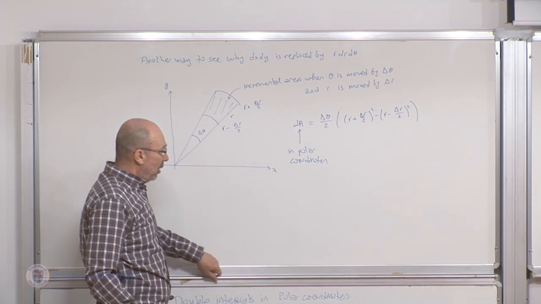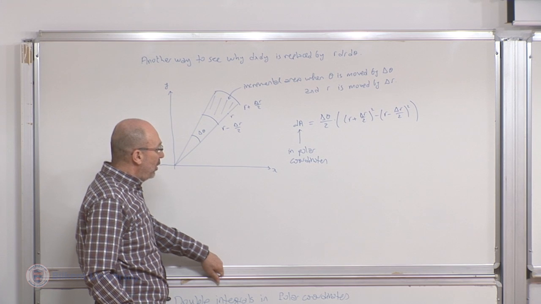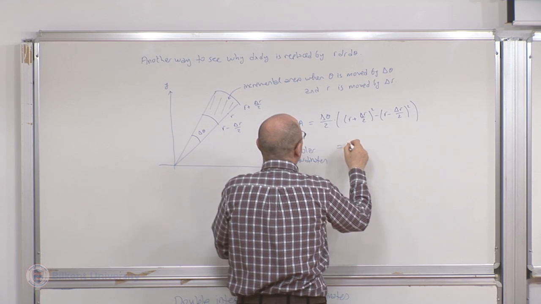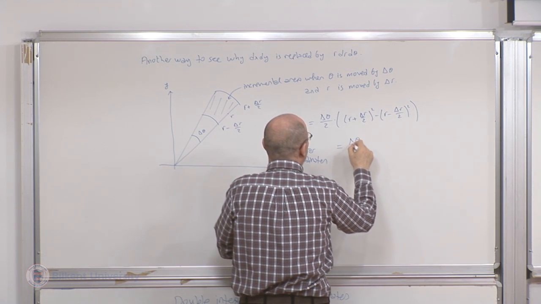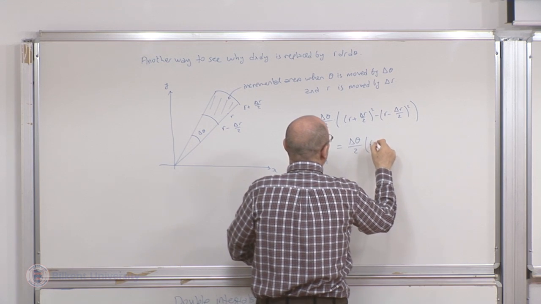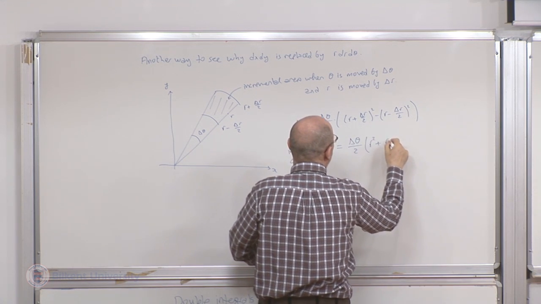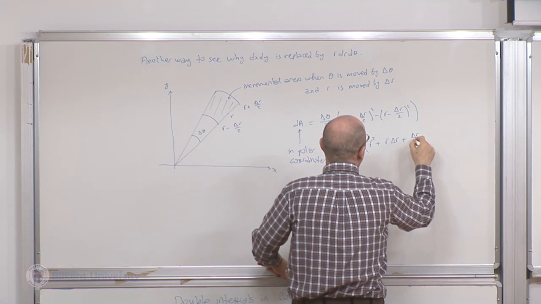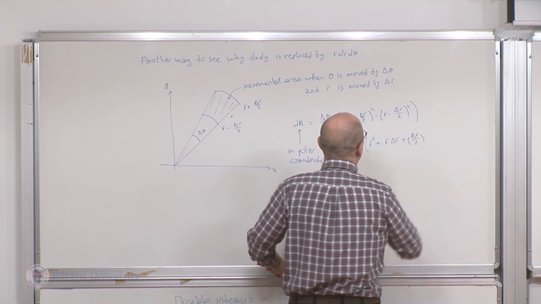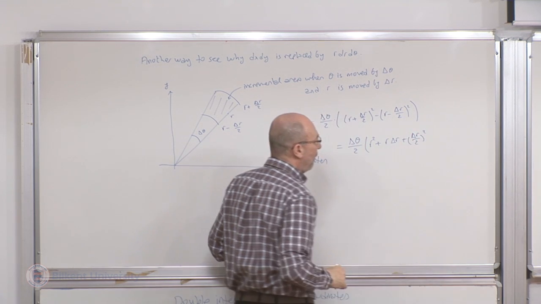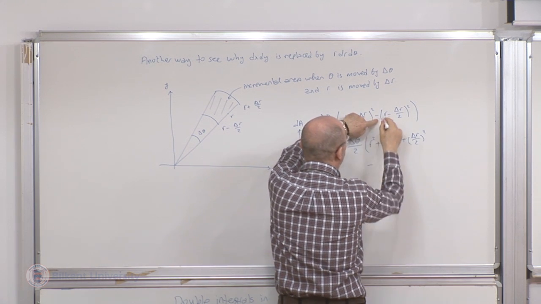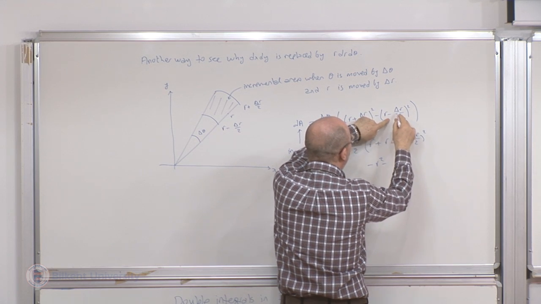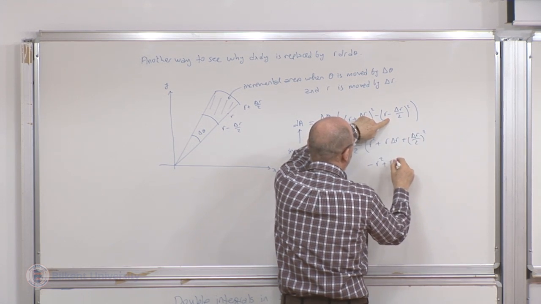So I expect this to be the area. So everything should work. So I have delta theta over 2 times [r square plus 2 times r delta r over 2 plus (delta r over 2) square], minus [r square minus 2r delta r over 2 plus ...], so I get plus r delta r.